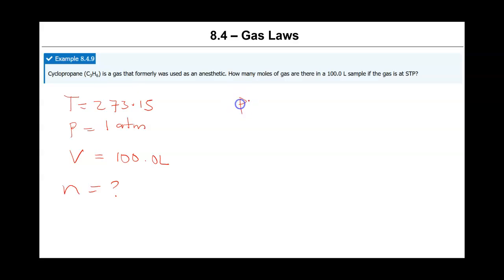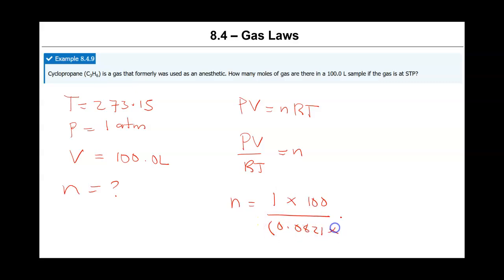So let's go ahead and do that. PV equals nRT, so I need to divide both sides by RT. There we are. So n equals PV, which is 1 times 100, divided by RT, so R is 0.0821, and then T, 273.15, because we're at standard temperature.